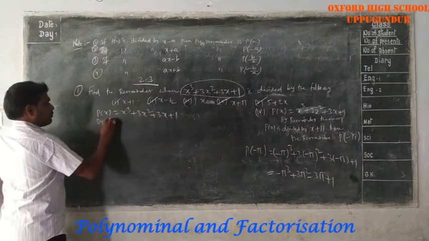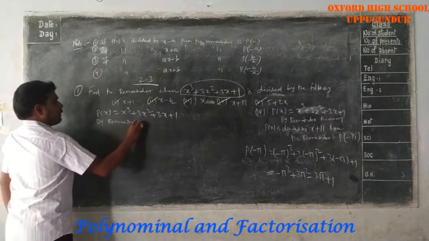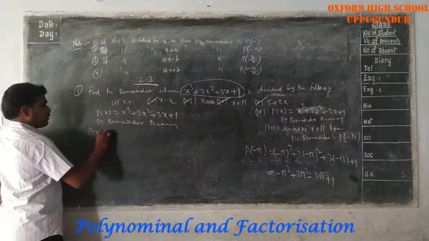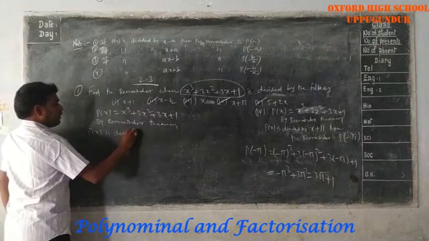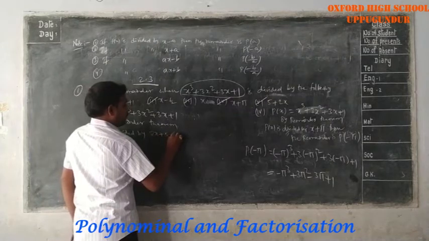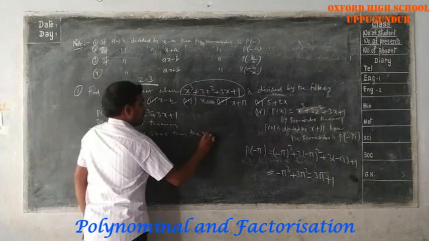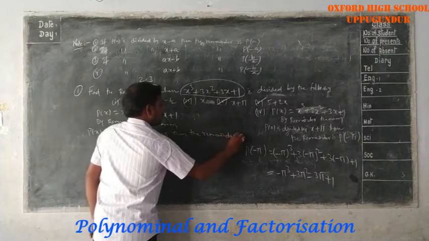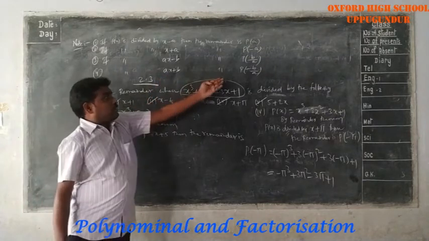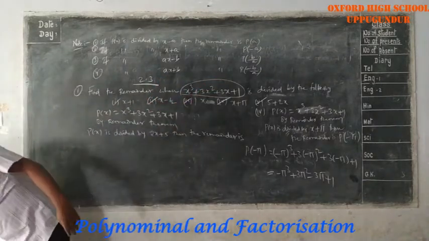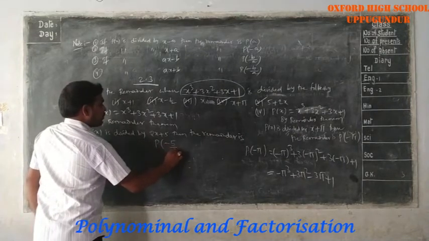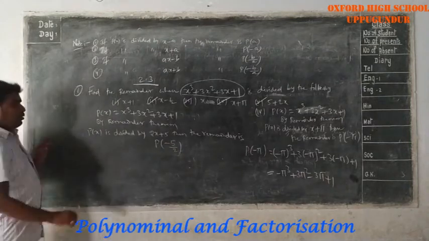By remainder theorem, P of x divided by 5 plus 2x, meaning 2x plus 5, then the remainder is, what is the remainder when P of x is divided by ax plus b? P of minus b by a. So P of minus 5 by 2. So P of minus 5 by 2 you have to find.